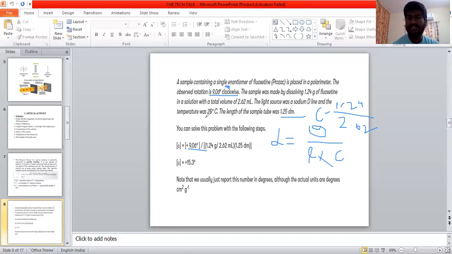So since it's clockwise, you get a positive sign, by the concentration, that is 1.24 by 2.62, into the length, that is 1.2. The total answer you get is 15.3 degrees. That is also a plus, which means it is also in a clockwise direction. So this is how you do it.